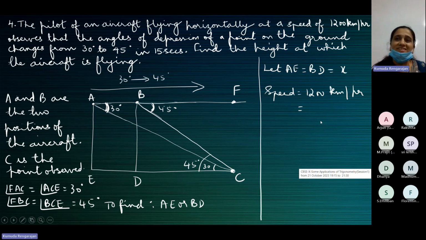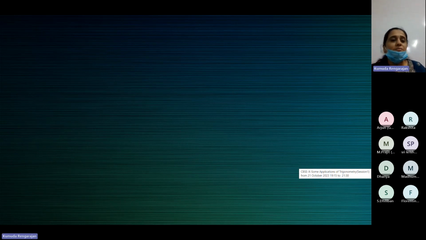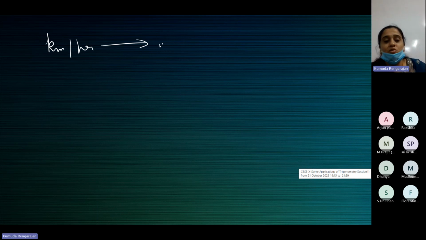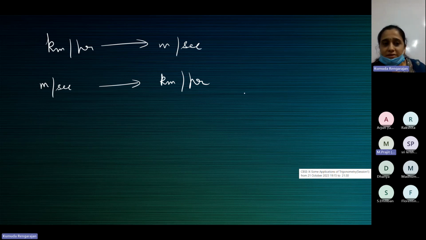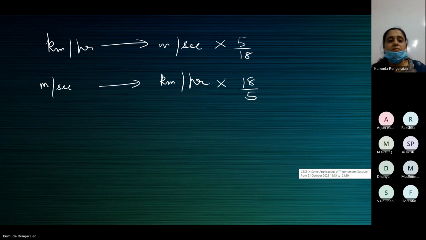This is your question, children. How do you convert speed in kilometer per hour to meters per second, and vice versa? The first one is 5 by 18. Yes, correct. The second one, 18 by 5. I'll just write it again, just in case you've forgotten.